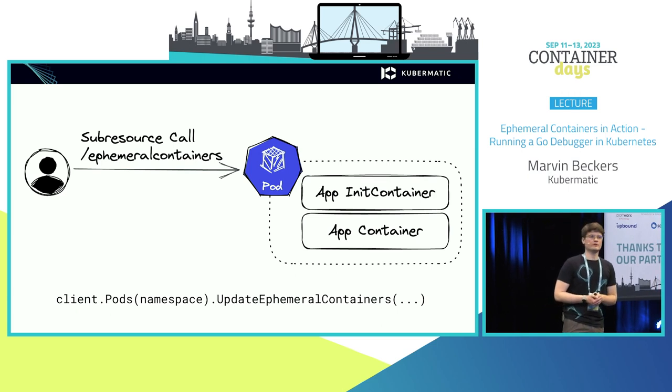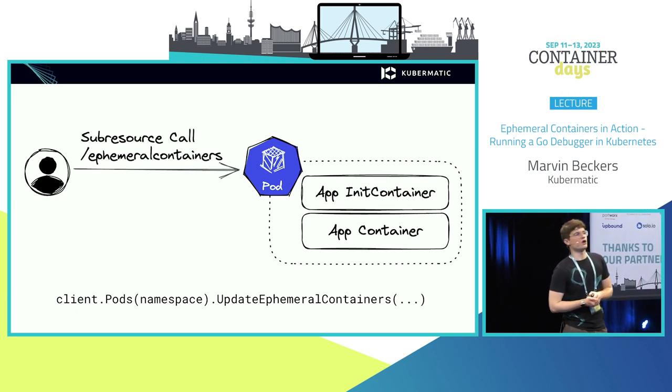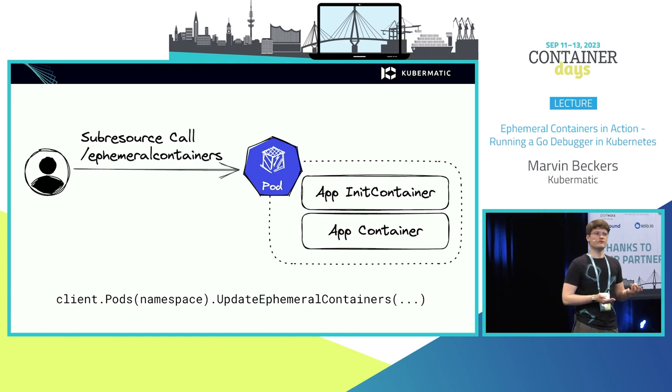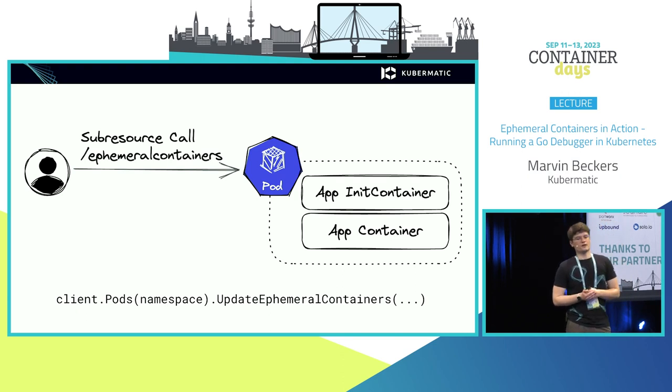So, for example, the status field on a deployment, but honestly, most resources have a status field. That's actually a sub-resource. And that means you cannot talk to it directly. If you talk to the Kubernetes API and do calls against the pod API, the ephemeral containers changes will be dropped, because you need to call the specific sub-resource of it. Otherwise, Kubernetes will ignore your changes.